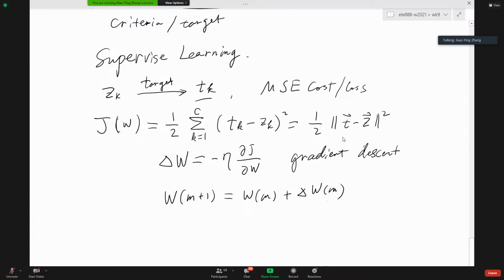So the core of the BP algorithm, or gradient descent, is basically computing the gradient.